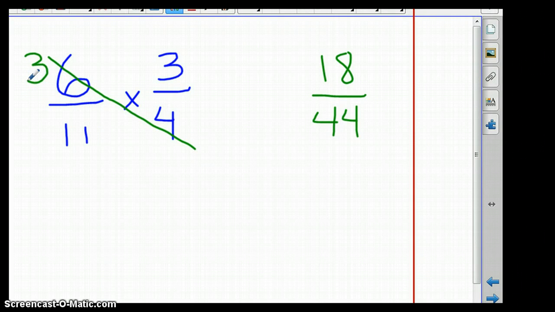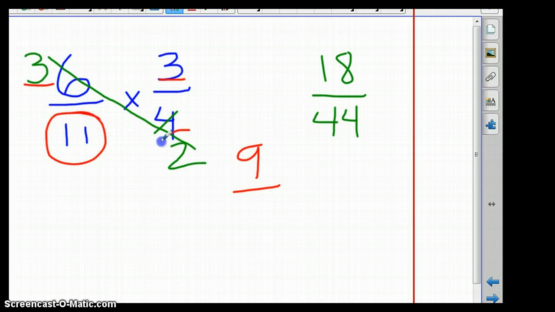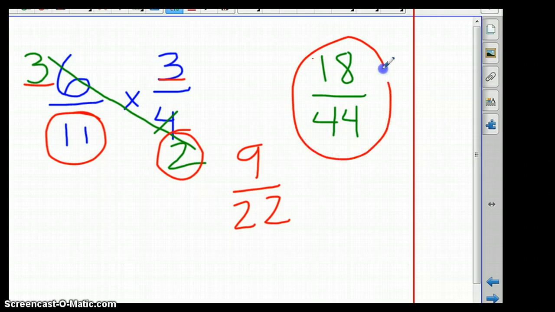And 2 goes into 4, this is going away, and it's going to become a 2, because 2 goes into 4 twice. Well, now I have 3 times 3, which is 9, and I have 11 times 2, which is 22. That is what this number would simplify to if I divided by 2.